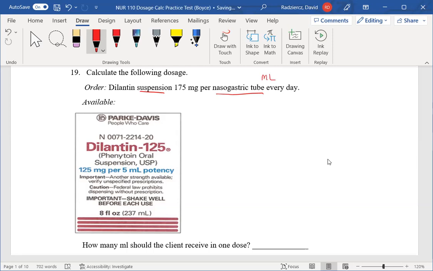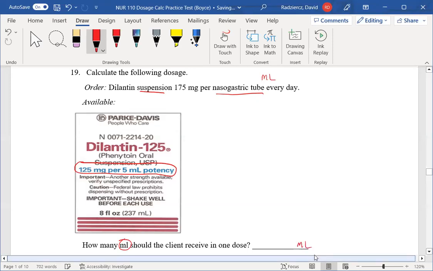The other thing that'll help is when we look at our label, 125 milligrams per 5 mL, and it also says it's an oral suspension. So we know it's liquid. So liquid, think milliliters. And even the question here asks how many milliliters should the person receive.